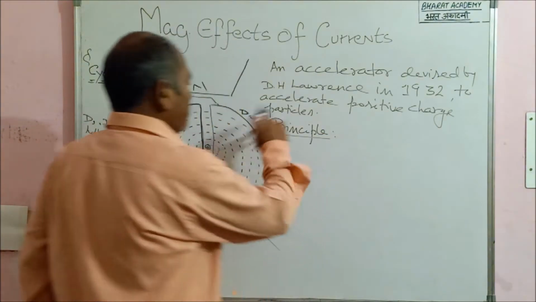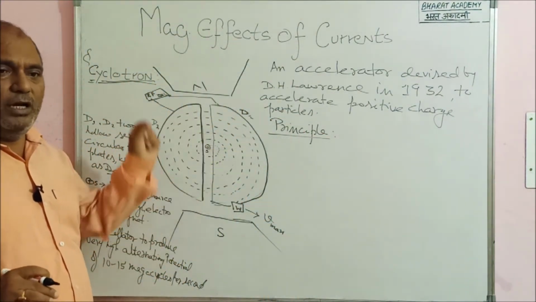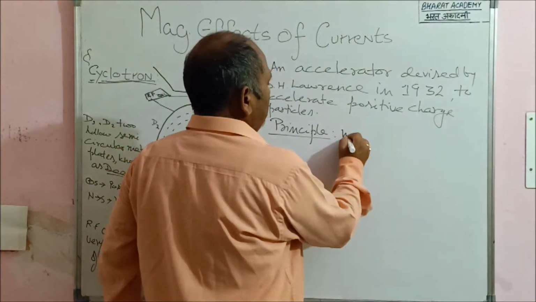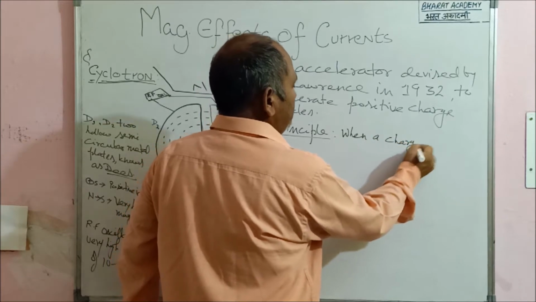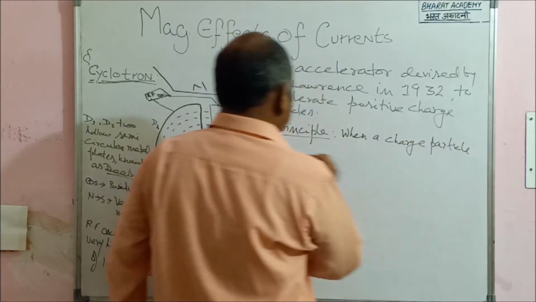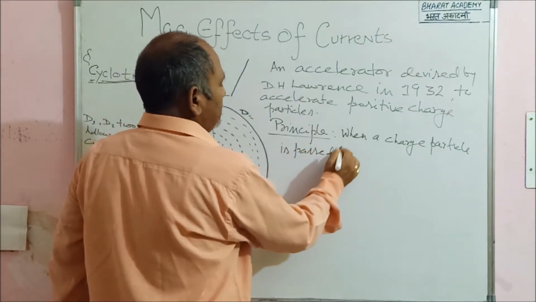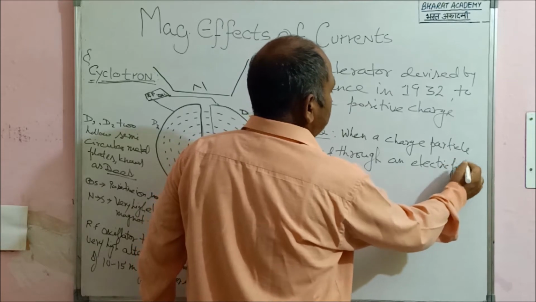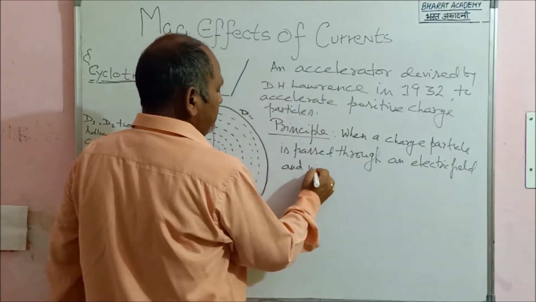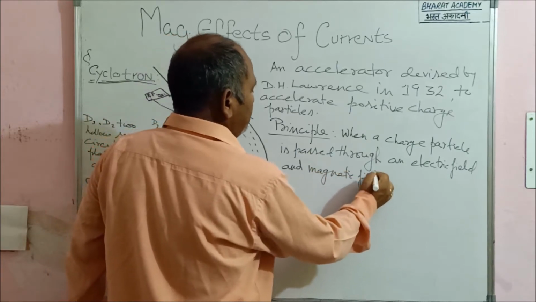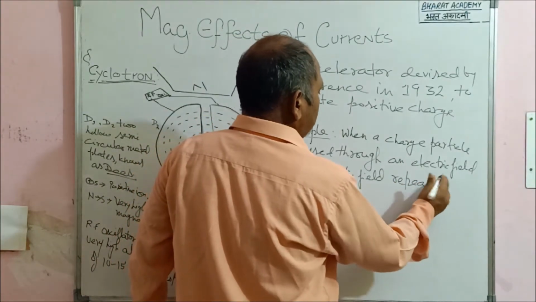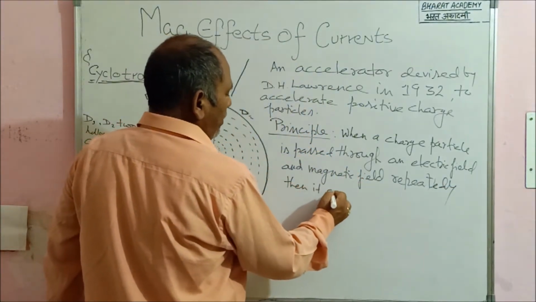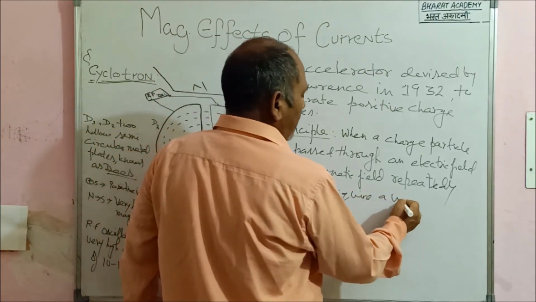So far as the principle is concerned, we simply write it down like this: when a charged particle is passed through an electric field and magnetic field repeatedly, then it acquires a very high velocity.